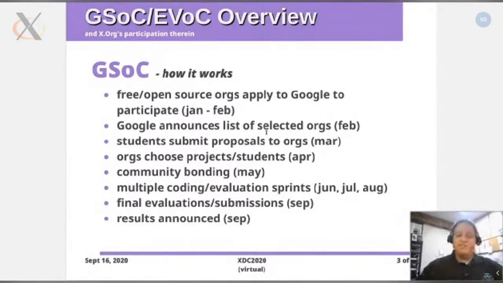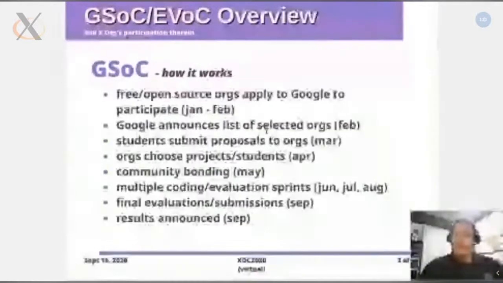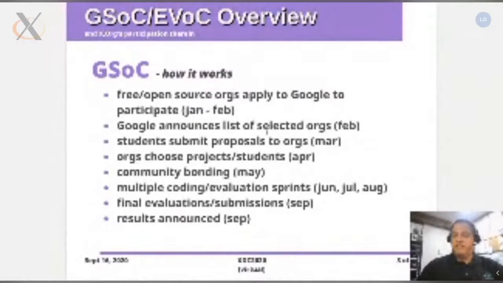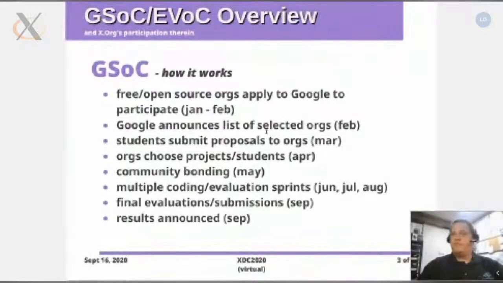And then at that point, students start submitting their proposals. Students are free to come up with their own proposals if they wish, but every organization must have a website where they list suggested projects, which students can either apply directly for, or use as a springboard for their own ideas of what to apply to.